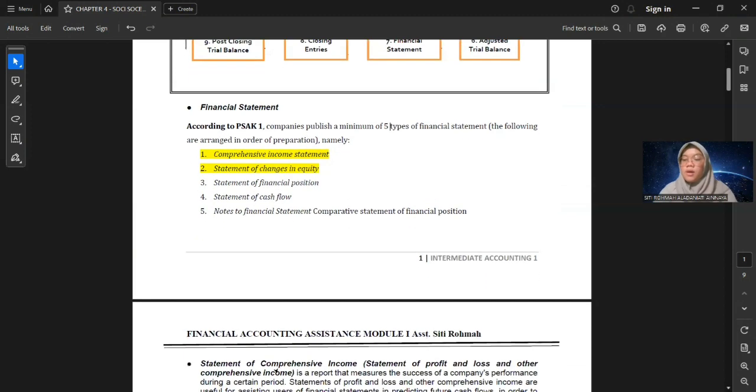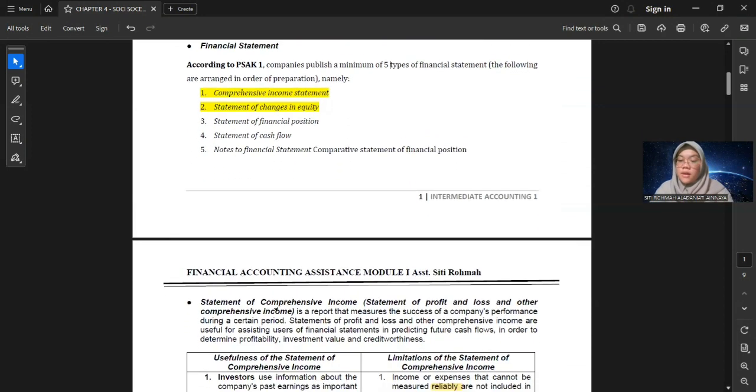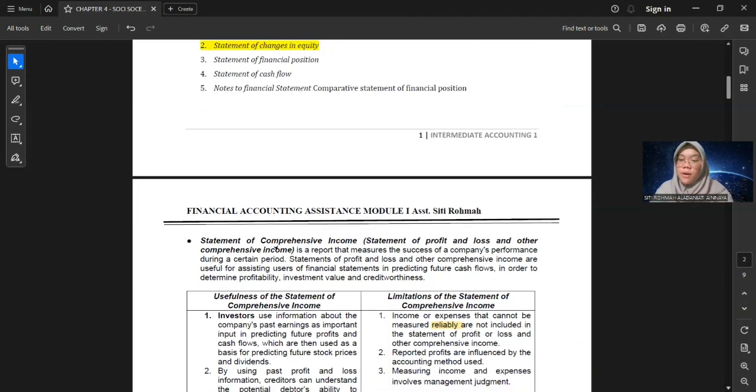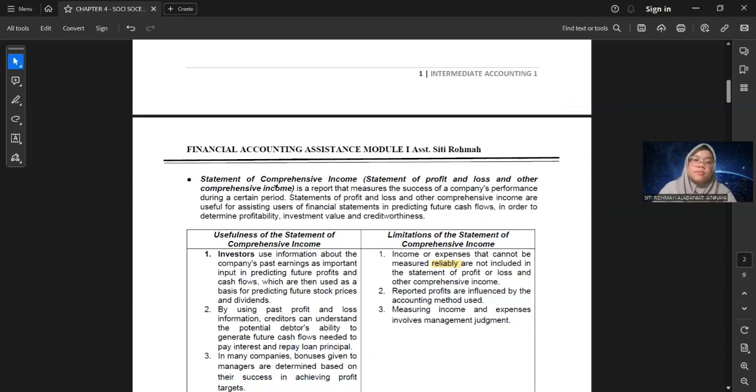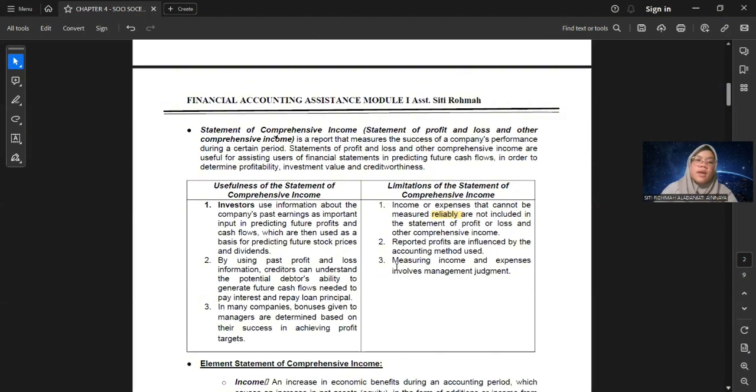Now we talk about the first one. The first one is the statement of comprehensive income, or we can call it the statement of profit and loss and other comprehensive income.